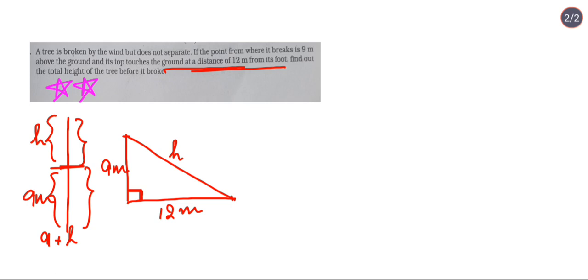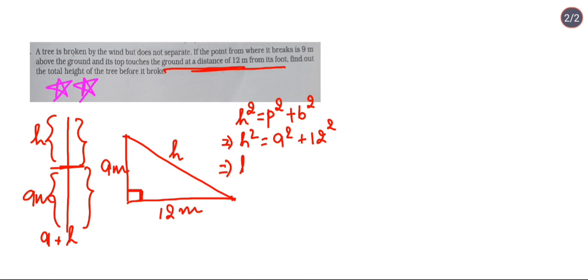So how will we solve it now? We know, students, from Pythagoras theorem, hypotenuse square is equal to perpendicular square plus base square. So h square, considering perpendicular is 9, is 9 square plus base, which is 12 square.